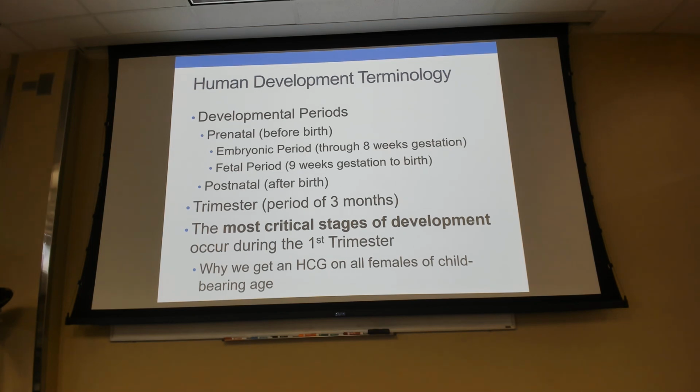That's why I bring in a lot of those things from embryology, because that is the formation of all of those parts and pieces. And then the fetal period, 9 weeks on, where all of those pieces grow and continue to develop. So if you're thinking, what are the most important and critical stages for an infant's development, is it likely the embryonic or the fetal period?